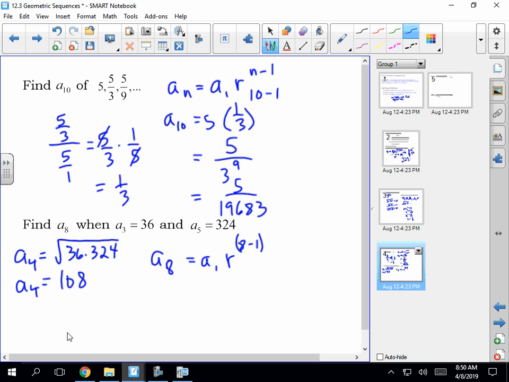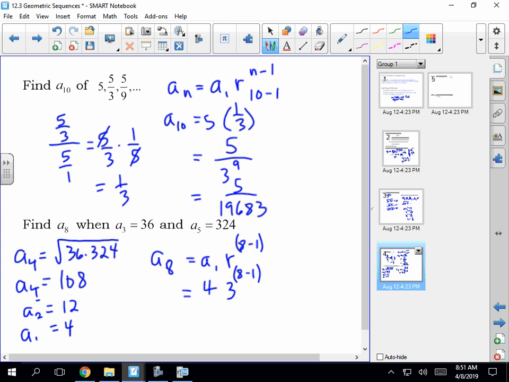So I've got a sub 8 equals all this. r is now 3. This is to the 8 minus 1 power. And then a sub 1 you can find by just working backwards, dividing by 3. That would be one way to do it. So a sub 2 would equal a third of that, which is 12, and then a sub 1 is a third of that, which is 4.